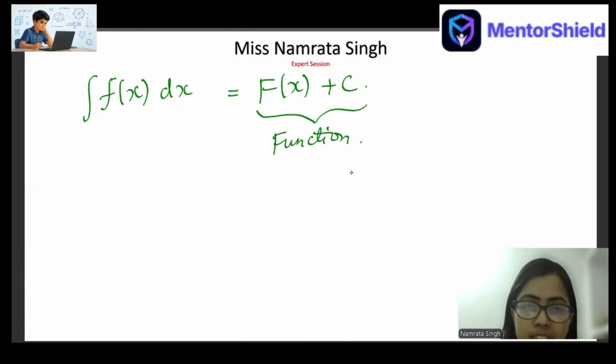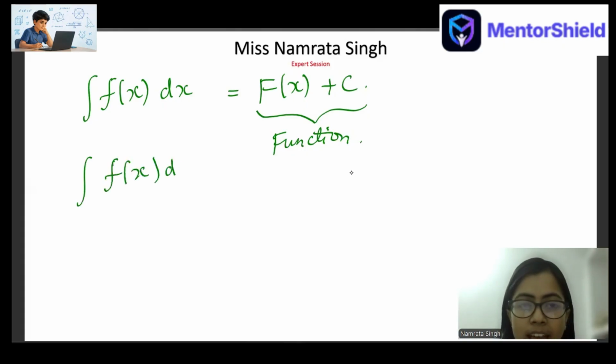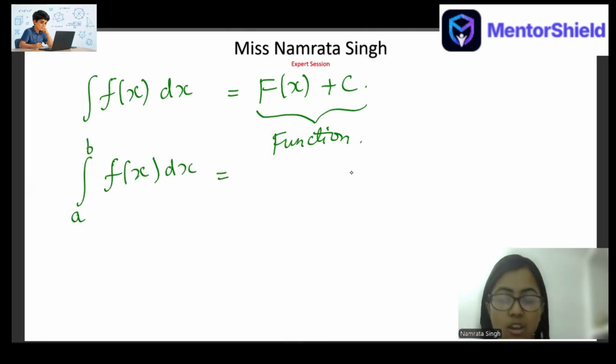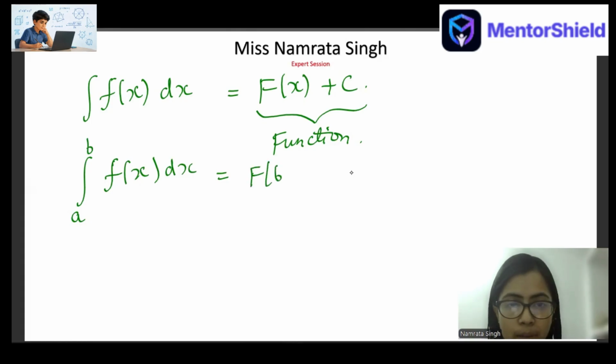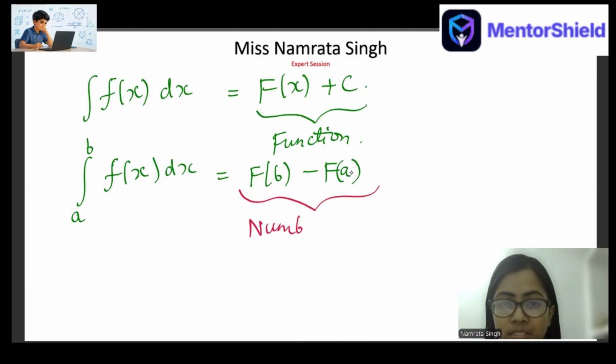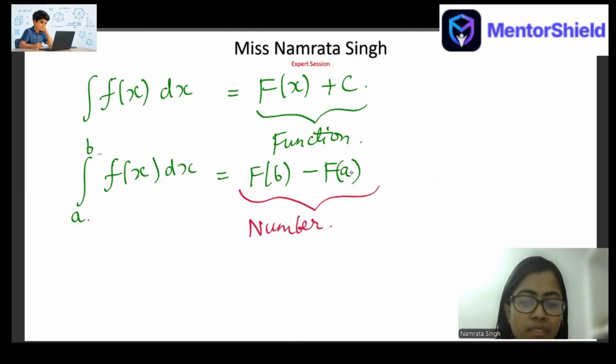The answer of this integration is a function. If we are putting the lower limit a and the upper limit b, what are we going to get here? We will get F of b minus F of a. So here, my answer is not a function. My answer would be a number, because we are putting in the upper limit and the lower limit. I hope it's clear for you.